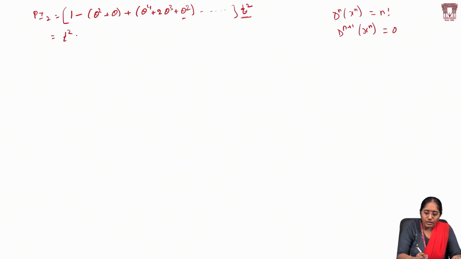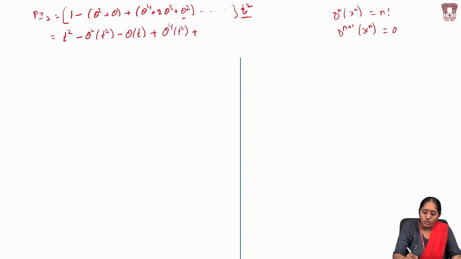Then t square minus theta square of t square minus theta of t square plus theta power 4 of t square plus 2 times theta cube of t square plus theta square of t square.